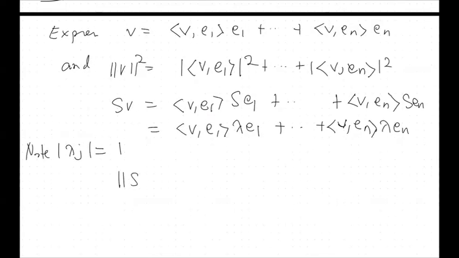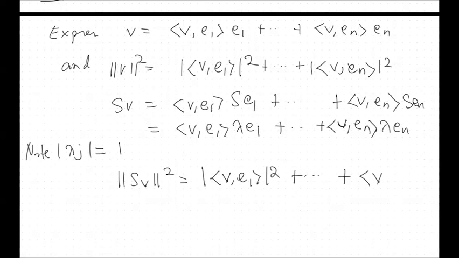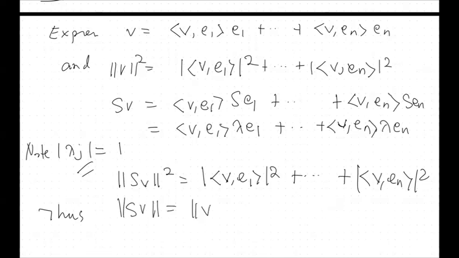Then the norm of SV squared is just this, basically because of this one. Thus the norm of SV is just the norm of V. That means S is an isometry.